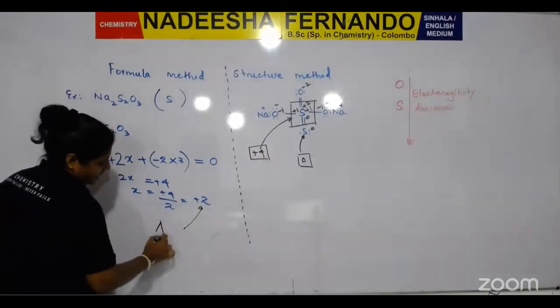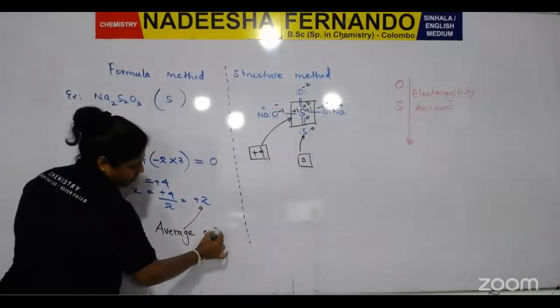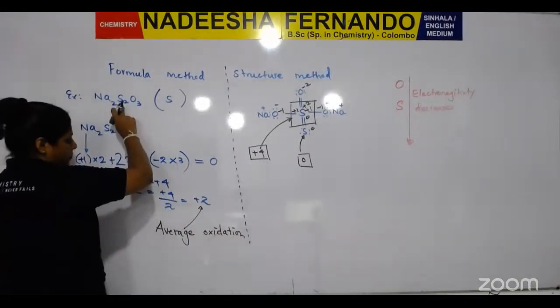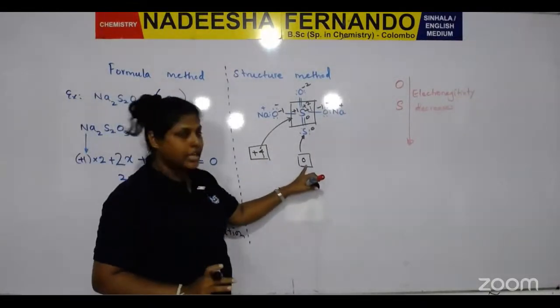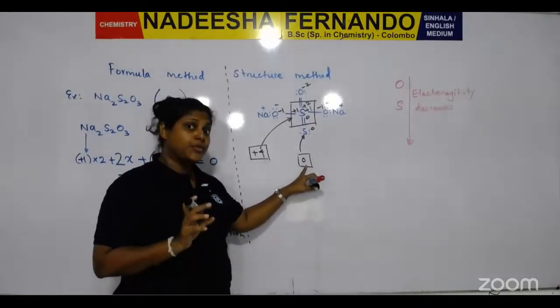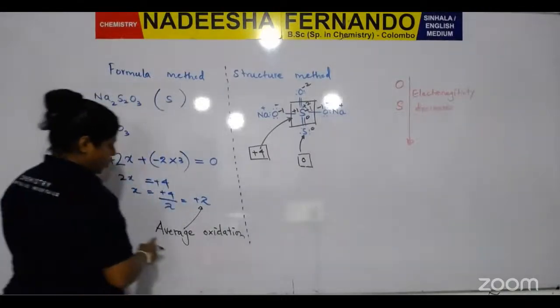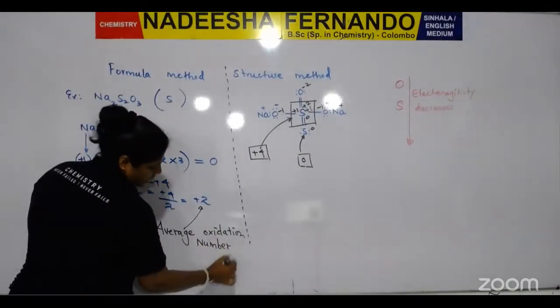This is the average value. Average oxidation number of the sulfur. There are 2 sulfur atoms, right? Overall here, 4 + 0 is +4. +4 divided by the number of sulfur atoms gives the average value. So the average oxidation number of the sulfur is +2.